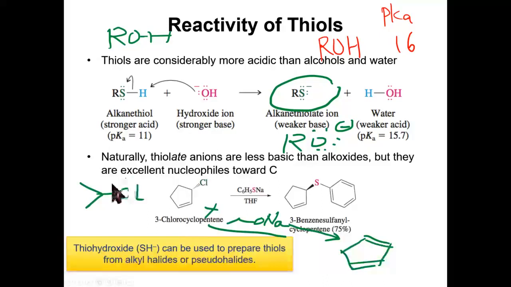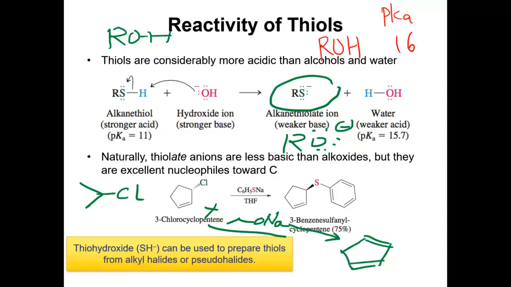And if you take this guy and treat it with, say, alkoxide, you will get eventually 100% elimination product. Why? Because, again, I hope you recall what you learned in Organic 1, Chapter 7, I believe.